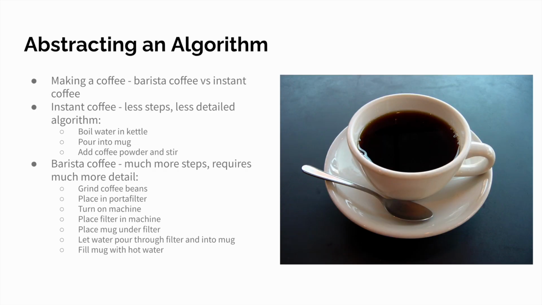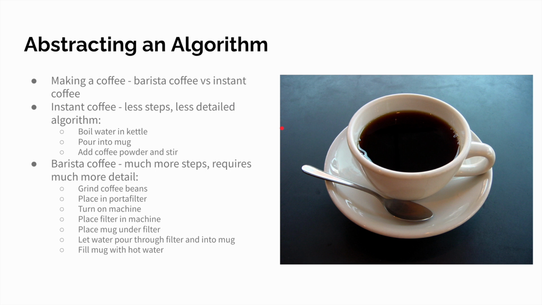We can then mix our pillars together. So abstracting an algorithm, okay? We have a set of steps for making a coffee, okay? But there are really 2 main types of coffee that people might make.